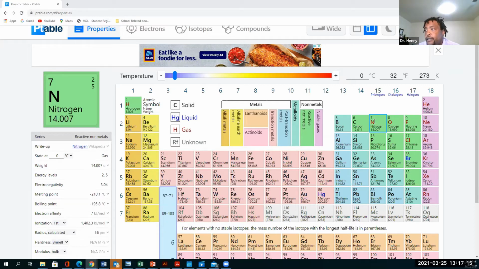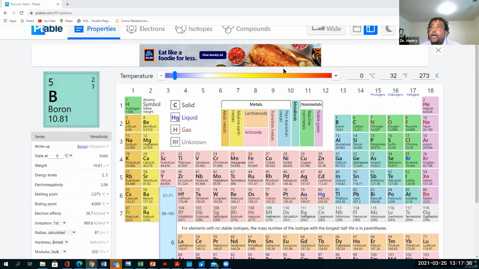Oxygen is greater than nitrogen. Nitrogen is greater than carbon. Carbon is greater than boron. So in terms of their desire to get an electron, these guys are going to be stronger than carbon, right? So that means they're going to have a strong pull for that electron.